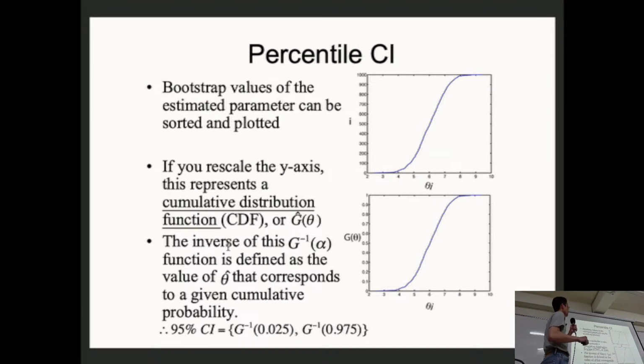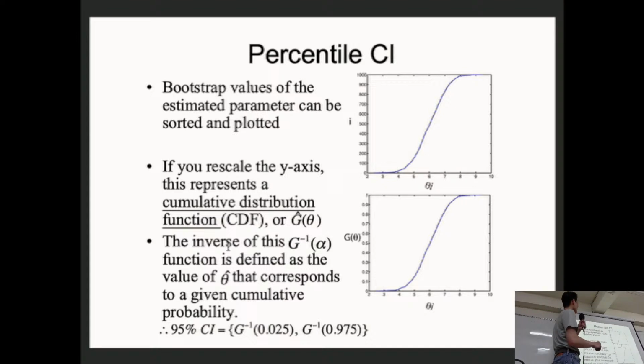The easiest way is that we have theta I, and we can rank our theta I from smallest to largest. Then we can generate the empirical CDF of all your theta I. You basically just have to rank from the smallest to the largest and make it a CDF, a cumulative distribution function.